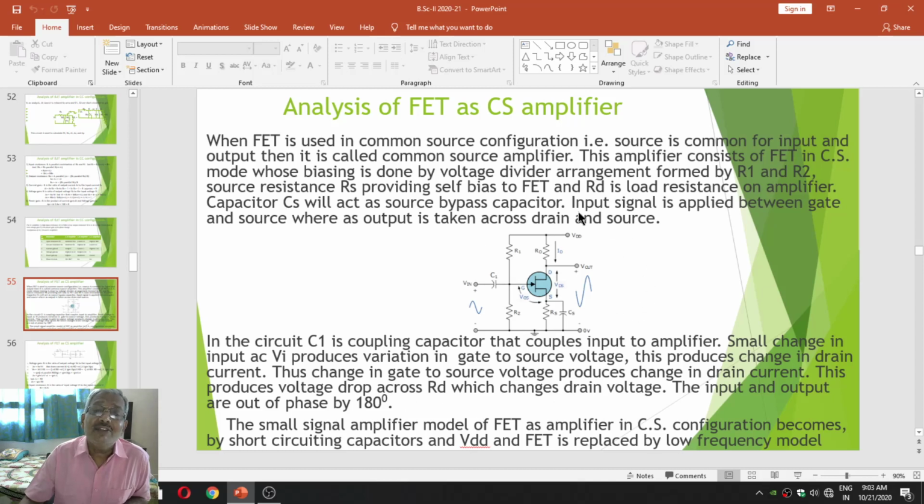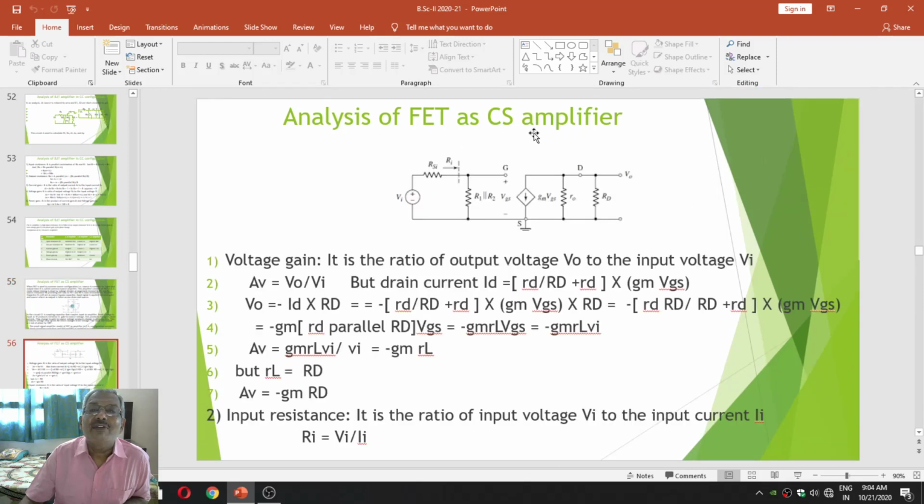Now, to undergo its analysis, we have to obtain its small signal model to get the required parameters of the amplifier. The small signal model of the FET amplifier in common source configuration is obtained by reducing voltage source VDD to 0 and short circuiting the capacitors, the coupling capacitors in both cases. The FET is replaced by its equivalent low frequency model, to get the resulting model as represented here.